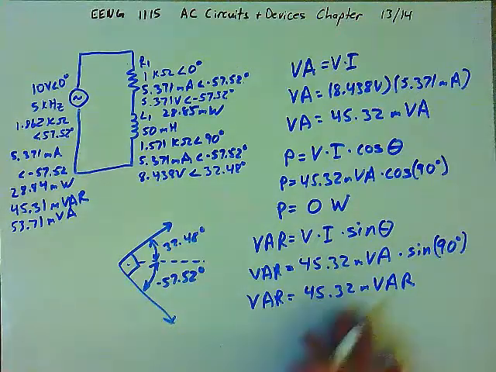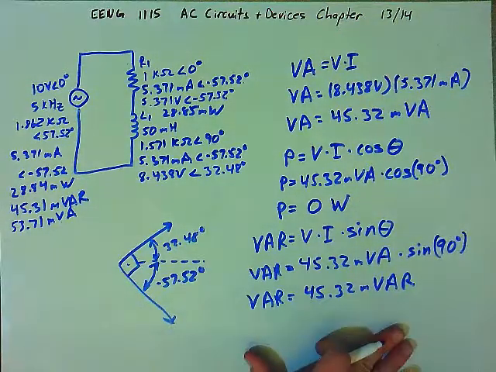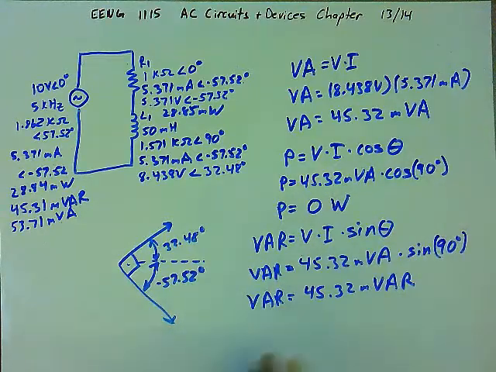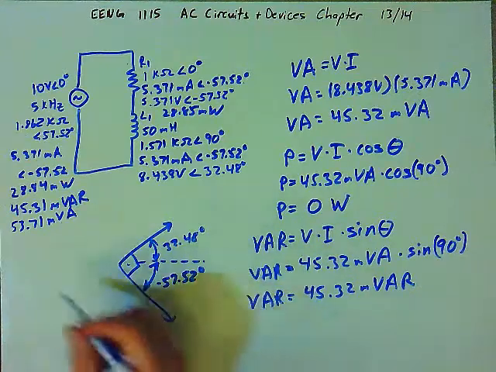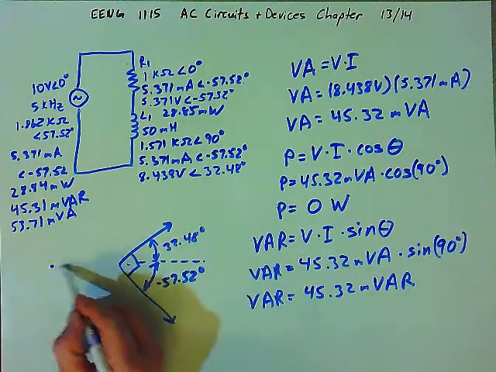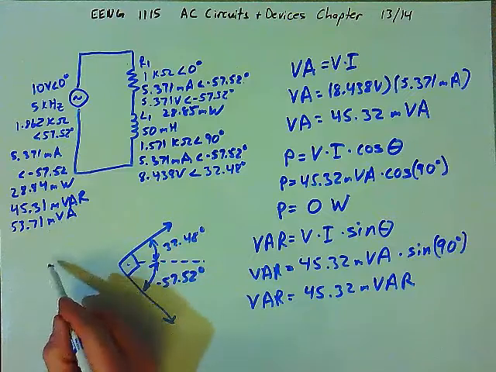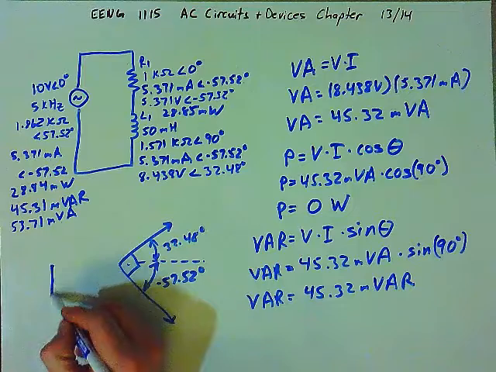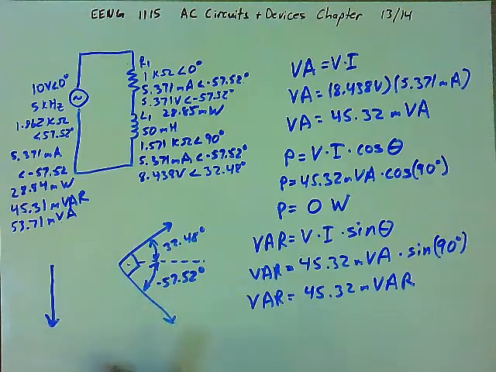And so let's look at the three components that make up this triangle here. We have the power, which is on the x-axis, which is 0, so there's no x component to this vector. We have the var, which is the y component, and so that will be 45.32 var.